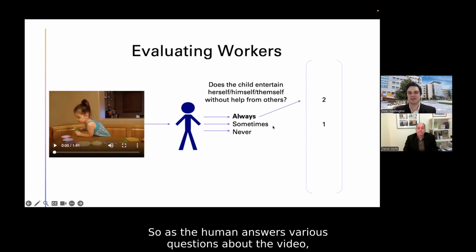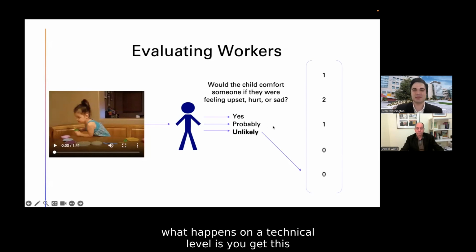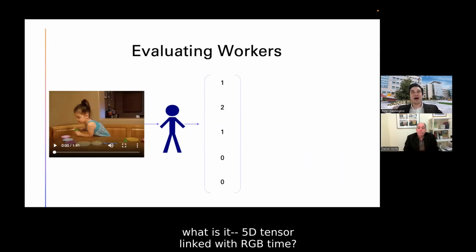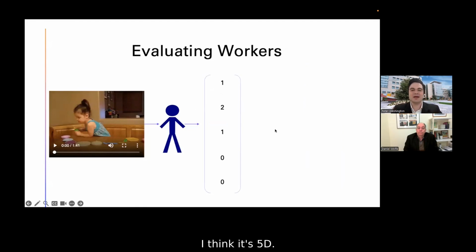So as the human answers various questions about the video, what happens on a technical level is you get this high dimensional, 5D tensor linked with RGB time, maybe it's just a 4D tensor. I think it's 5D. Anyways, who cares?